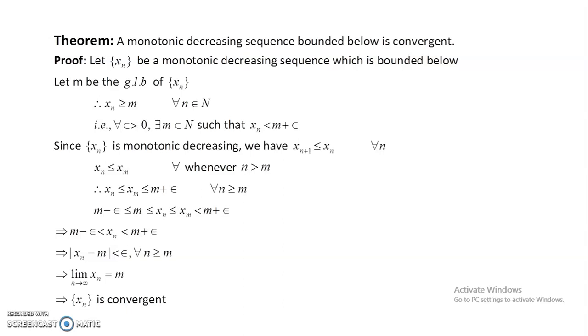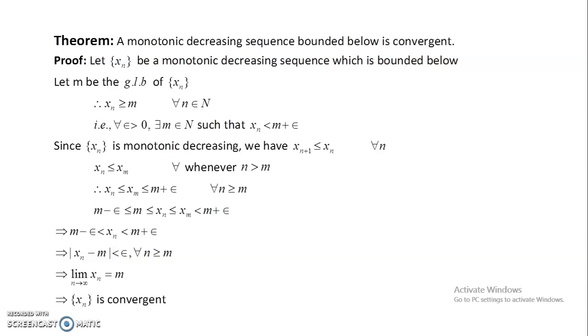And xn is always greater than or equal to m, by the definition of the greatest lower bound we assumed. So xn lies between m minus epsilon and m plus epsilon.